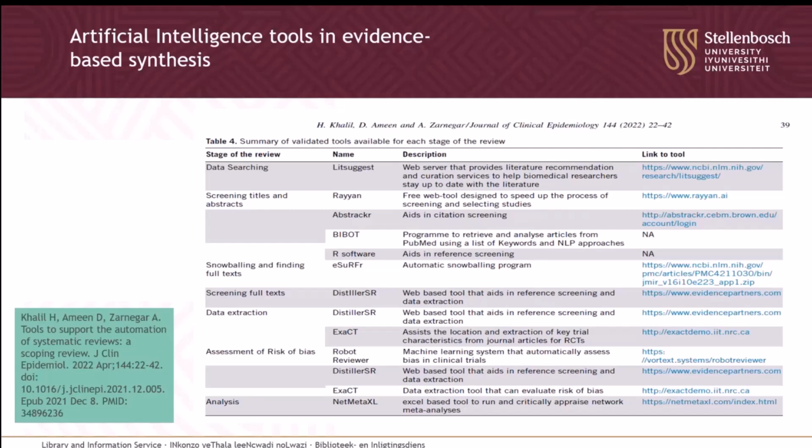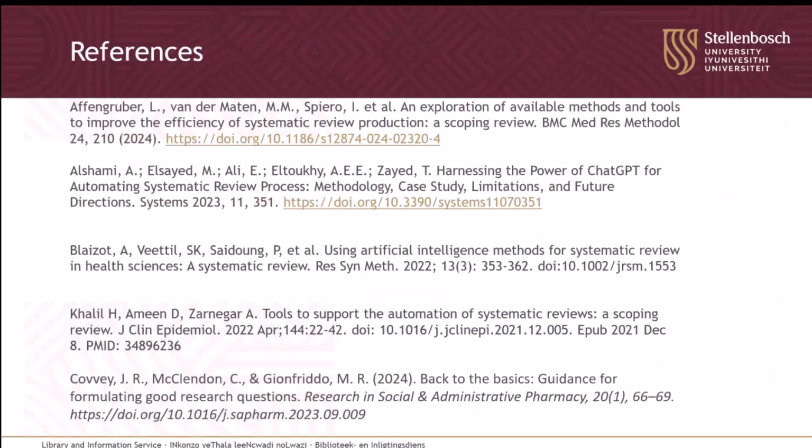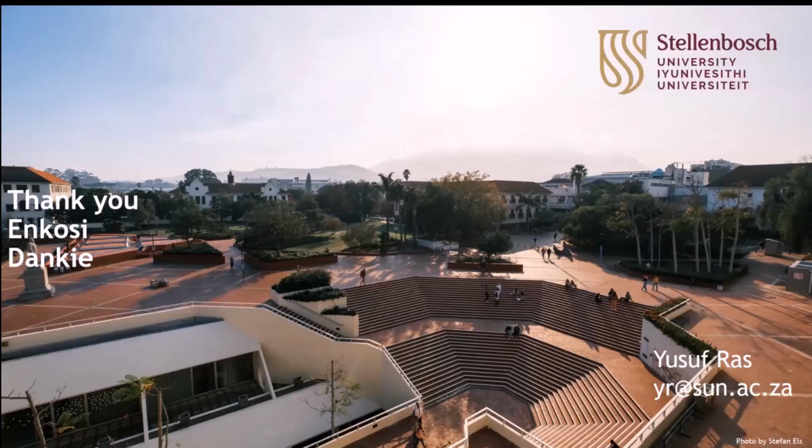There's a whole lot of other tools available that you can make use of. That is just out there for you to go to, and these are the references for what I've looked at for this presentation.